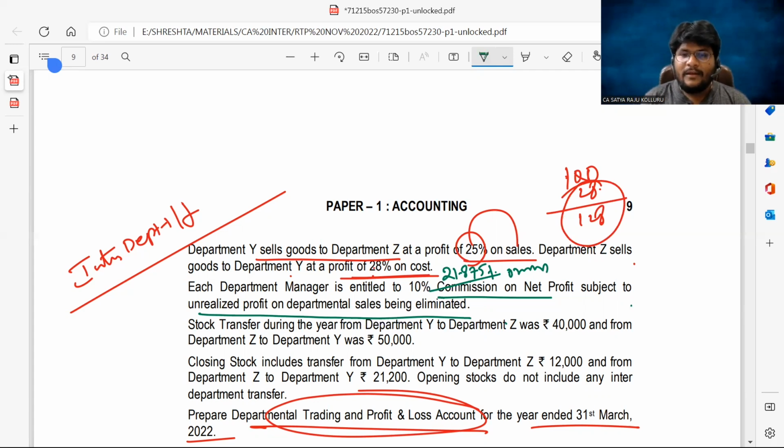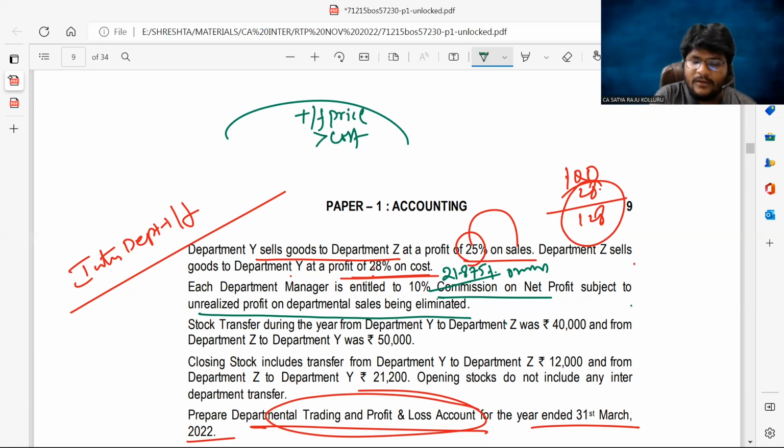What he is telling is that whenever interdepartmental transfers are there and the transfer price is more than the cost price, then the department in which certain closing stock is available, which arose due to transfer of such goods from the transferor department to the transferee department, the unrealized profit lying in such closing stock should be eliminated in the form of stock reserve.